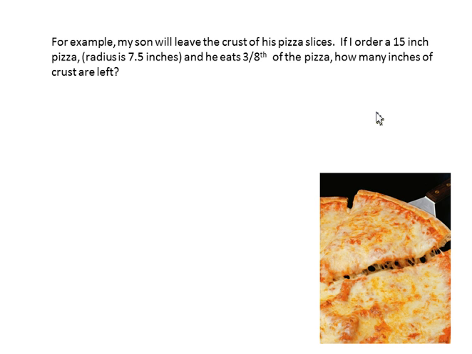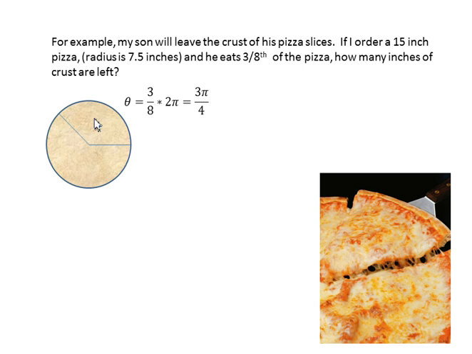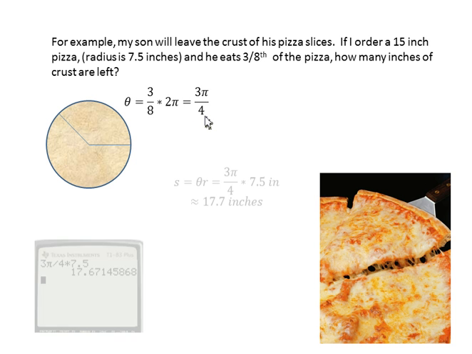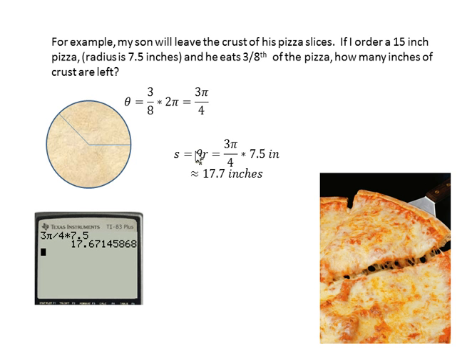If I order a 15-inch pizza and he eats 3/8 of it, how many inches of crust are left? Okay, so he's going to eat 3/8 of this pizza. So I know that my theta then is 3 pi over 4 radians. So I just find the arc length, theta r, which is about 17.7 inches of crust. Ooh.